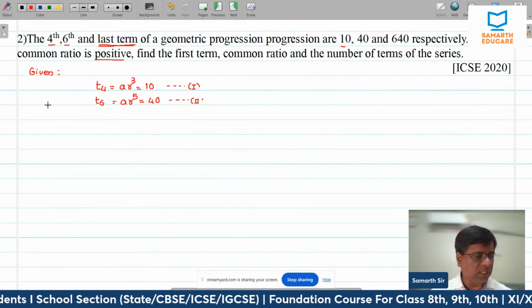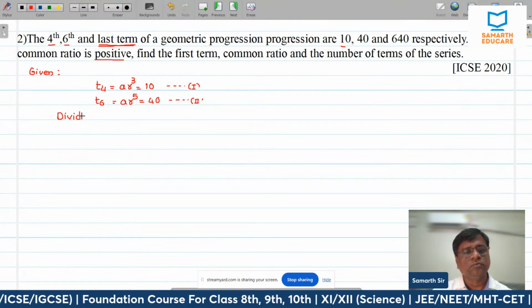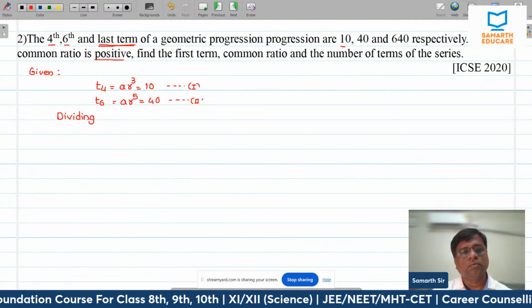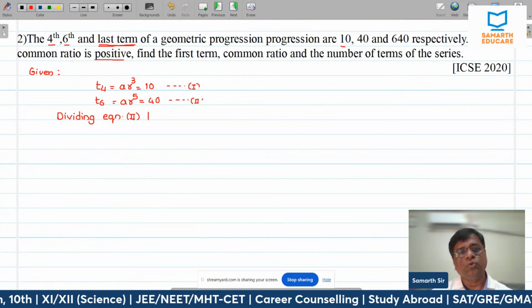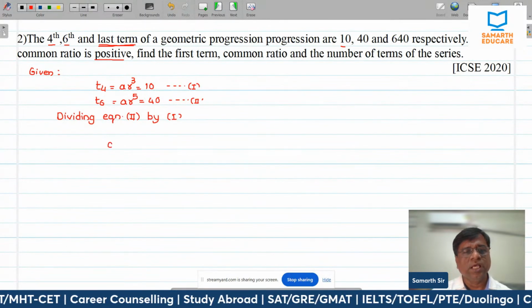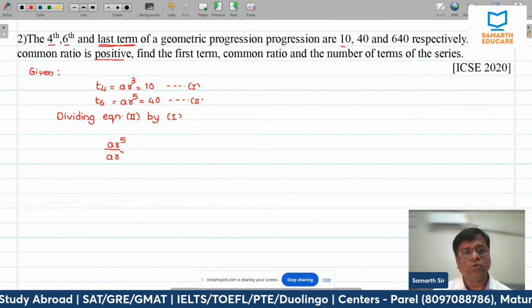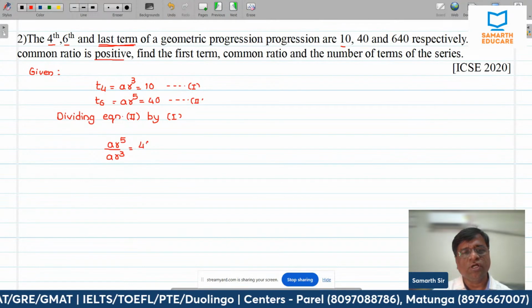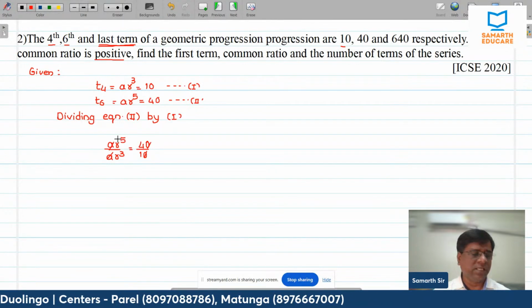As usual, just like the previous problem, dividing equation 2 by equation 1, a r raised to 5 upon a r raised to 3 is equal to 40 divided by 10. This gets cancelled.